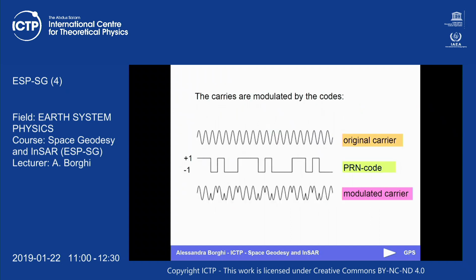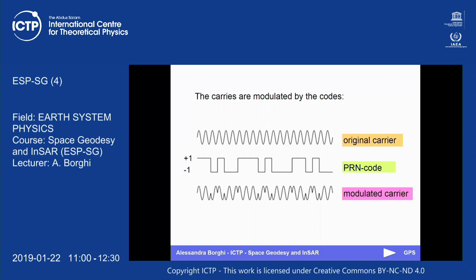The carriers have a given frequency that we are going to see. In the original system we used just 2 carriers. Now Galileo is using 3 carriers, and the GPS system has also improved, adding another frequency. So we can see the carrier as a fundamental signal, and you will have a pseudo-random noise code.